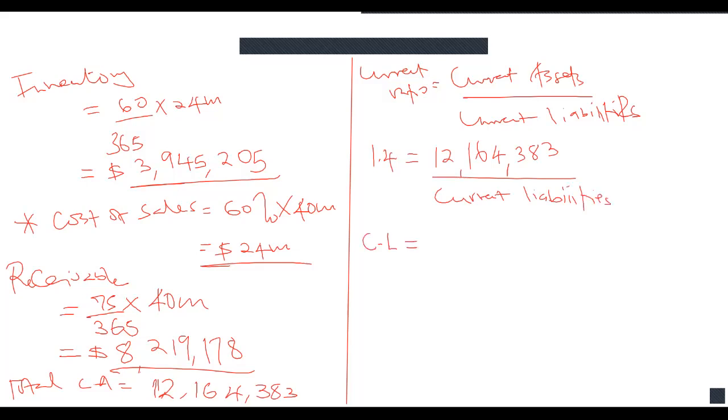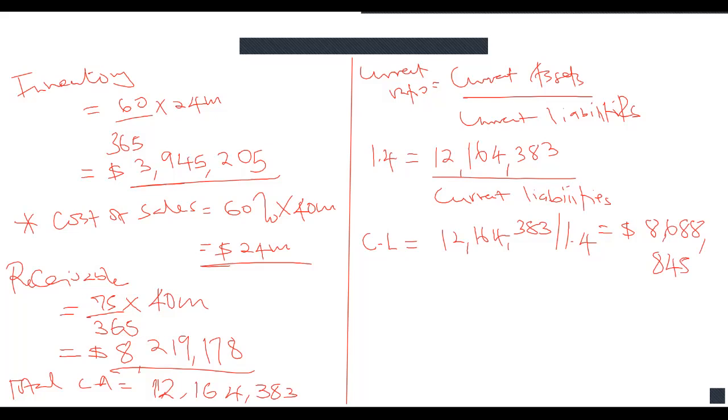Therefore, the current liability of the company is equal to 12,164,383 divided by 1.4, which gives 8,688,845. Now we have the company's current liabilities.